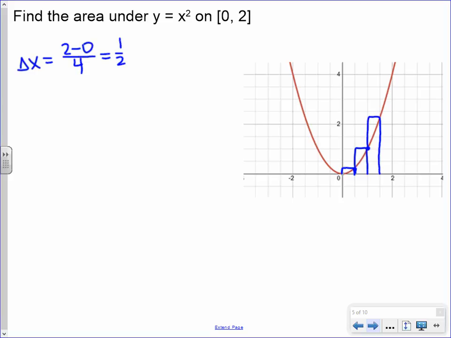And then from 3/2 to 2, we're going to get the height from 2. So this is the area that we're going to find. Before we even get started, is this going to be an over or an under approximation? Over. Our rectangles are above our curve, so this is going to be an over approximation.